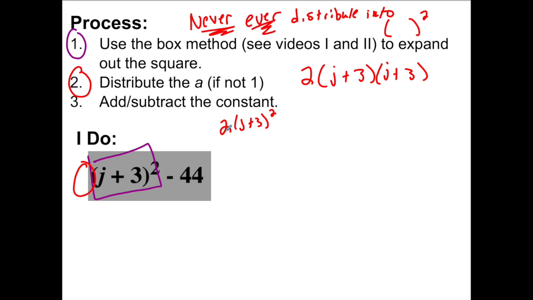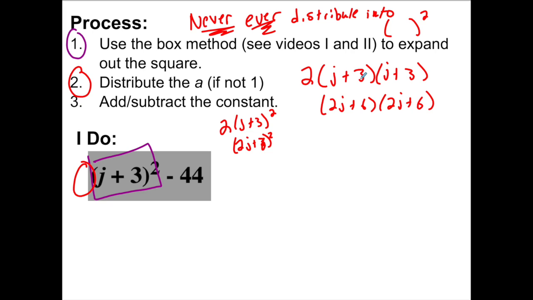This is what it actually is, right? 2 times j plus 3 times j plus 3. If you distribute the 2 first, plus 6, then what you get is 2j plus 6, 2j plus 6, right? Because that's what it means to square 2j plus 6.